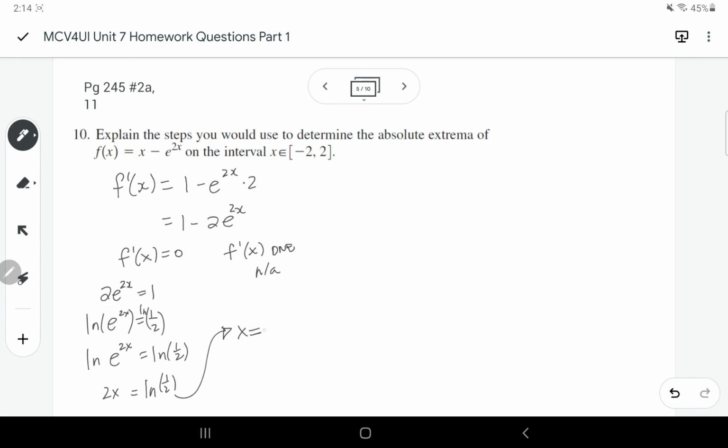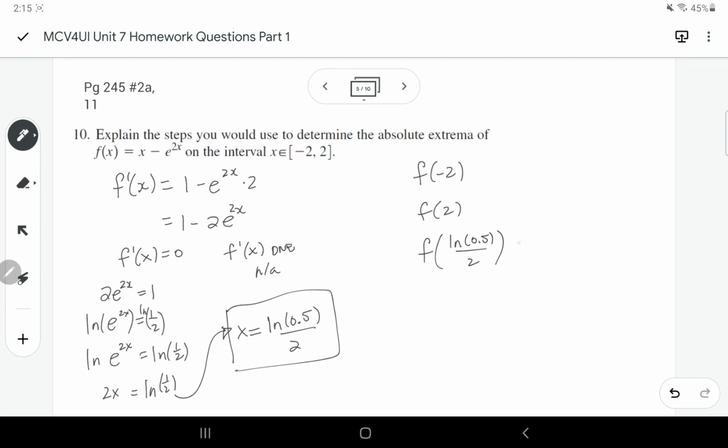So x is, because of course over on this left, ln e is always equal to 1, this would be ln of 0.5 divided by 2. So then I would calculate f at -2, f at +2, and f at the ln of 0.5 divided by 2.